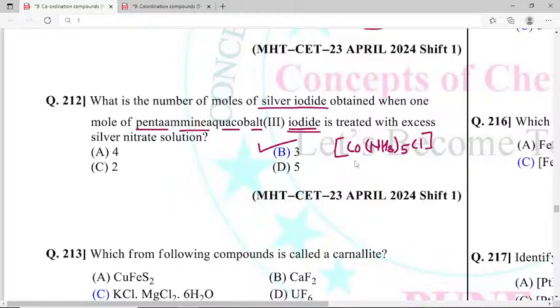Pentaamine iodide. So this is iodine here, I3. Pentaamineaqua: aqua stands for water. So water is there. I3.